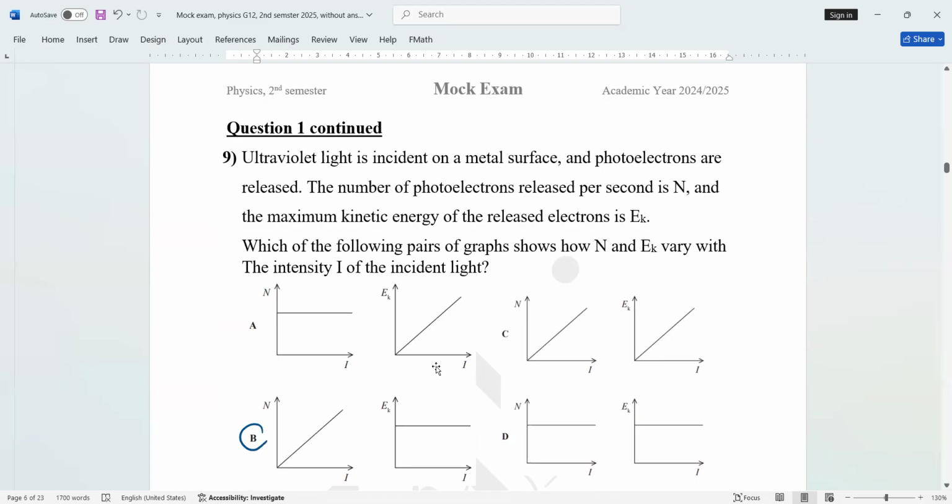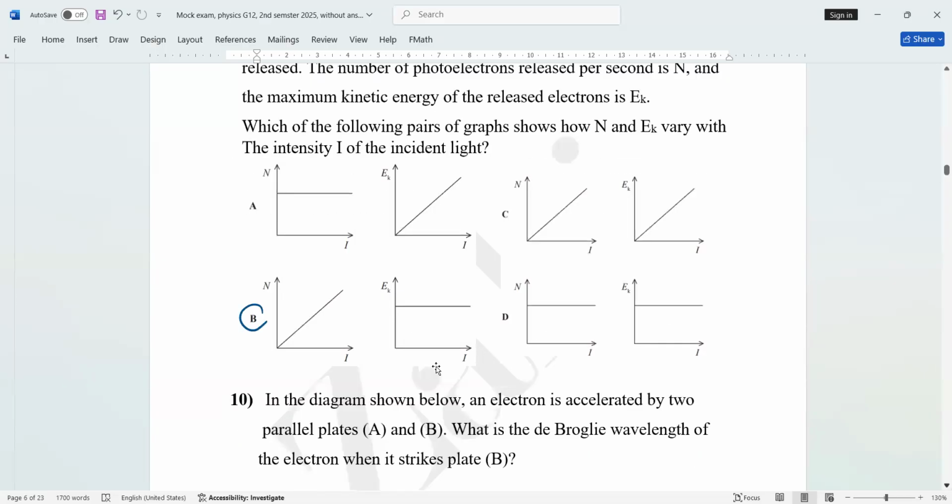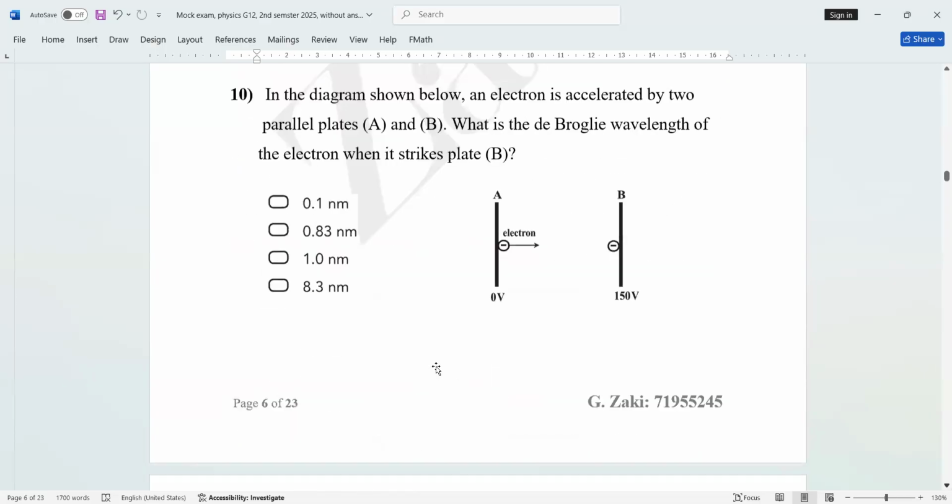Now, this question is a little hard. Here, the charge of the electron is 1.6 times 10 to the power negative 19, and the mass of the electron is 9.11 times 10 to the power negative 31. We can calculate lambda: it is h over mv, or h over the square root of 2m times kinetic energy.